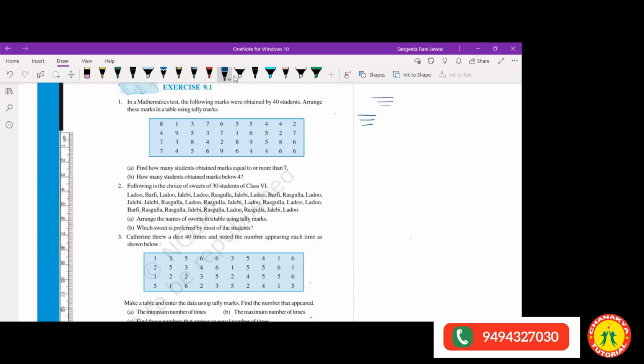Both are required. Speed and accuracy both are required in the exam.